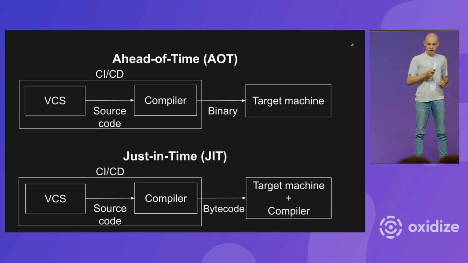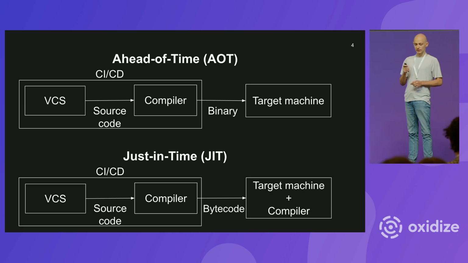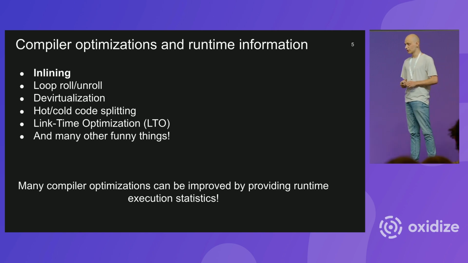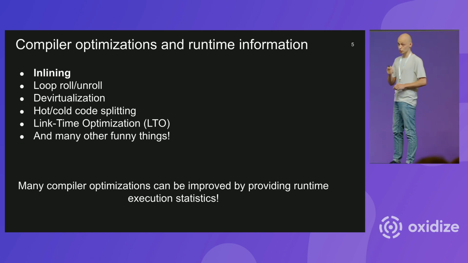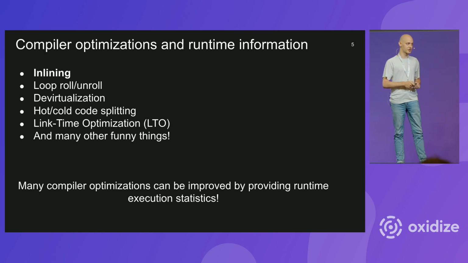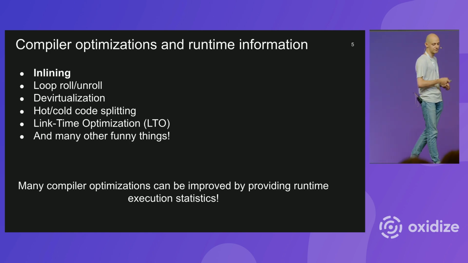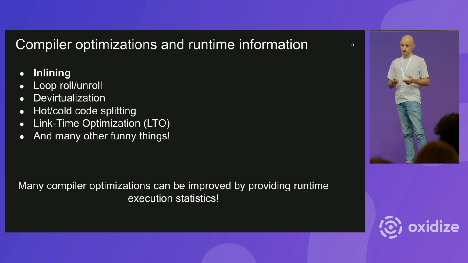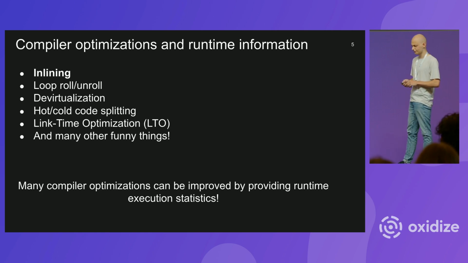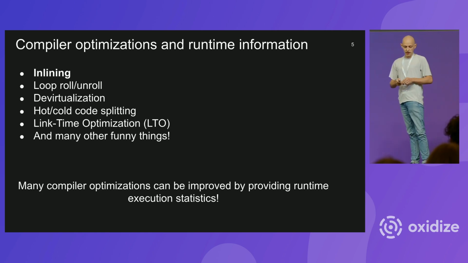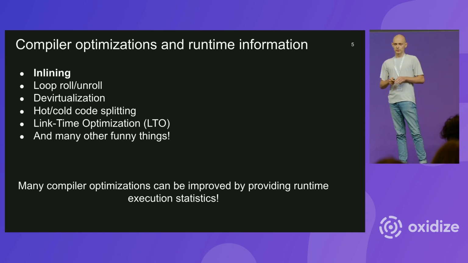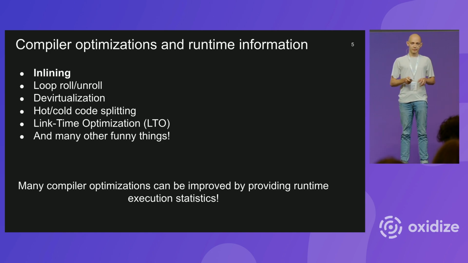The just-in-time model has one intrinsic advantage over AOT. Modern compilers do a lot of interesting optimizations: inlining, loop unrolling, hot-cold code splitting, even LTO if your compiler is good enough, and many other things. We will not talk about all of them in detail.